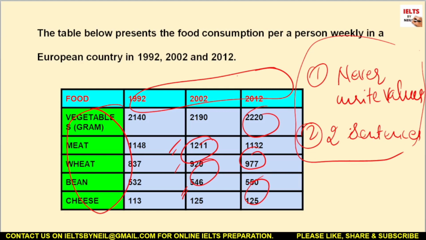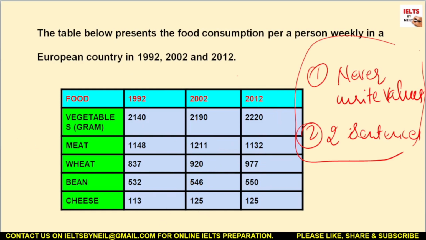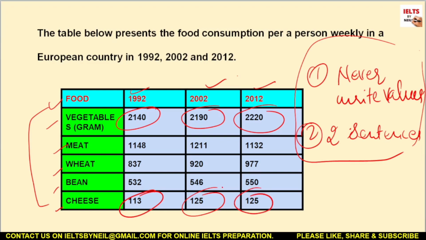Now let's have a look at this one. What could be the overall statement? If you have a look at this table, basically they're giving information about food for these 3 years, and vegetable, meat, wheat, bean, cheese. These are the food items. If you have a look, vegetables had the highest proportion for all the 3 years, and cheese had the lowest out of all the 3 years.